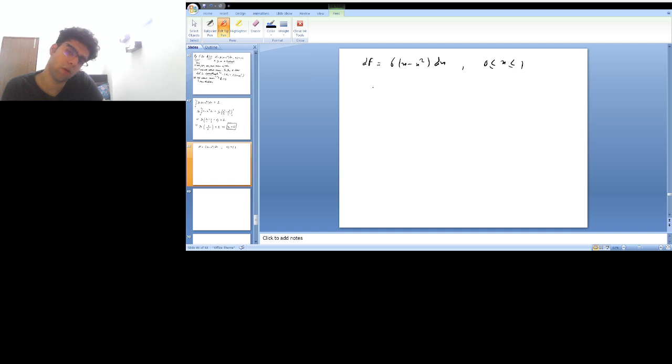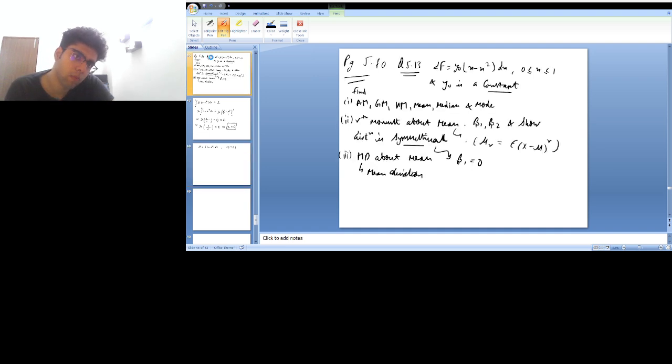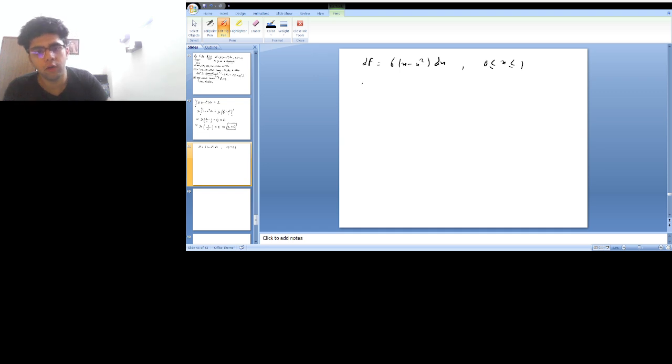So now moving forward, we need to find the arithmetic mean. Arithmetic mean, integral of x f(x) dx from 0 to 1, 6 x into x minus x square dx 0 to 1.